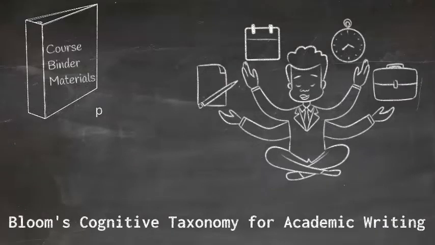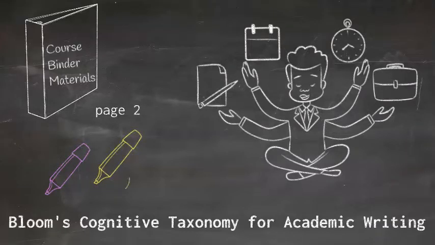This taxonomy will be a vital tool for you in this composition class, and I will explain how to apply it more fully in another video. Your instructor and the teaching assistants also will guide you in how to use it well. In addition to the taxonomy, you will need highlighters, one pink, one yellow, and one green highlighter.